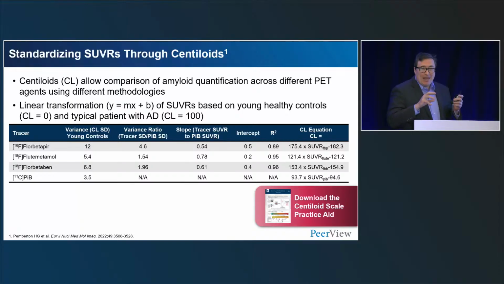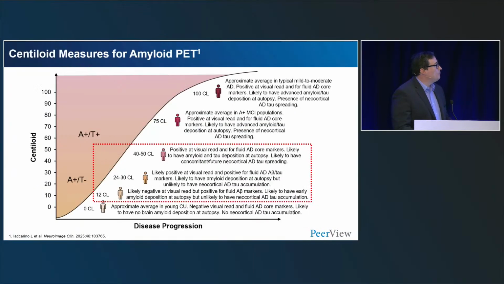And the basis of the Centiloid term is the 0 to 100 scale, where the SUVRs for healthy controls who should have no cortical amyloid are set at 0, and patients with typical AD, their SUVRs are used to set that 100. And so here's various linear equations for tracers in this publication. But the main point is SUVRs work, but if you want to compare, Centiloids are a better method.